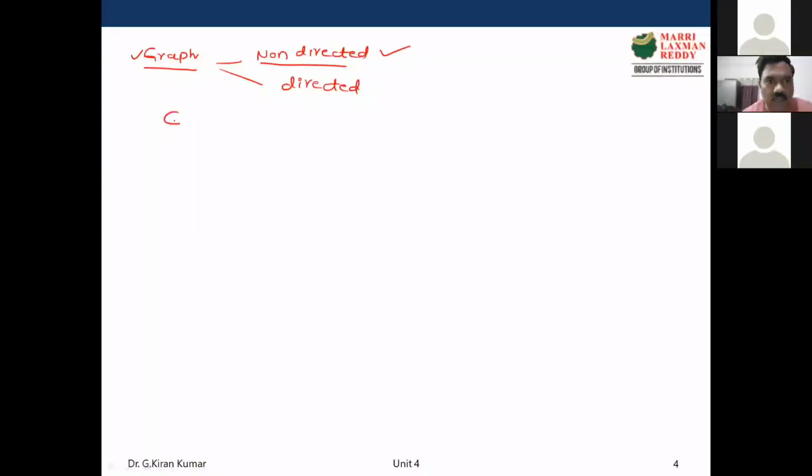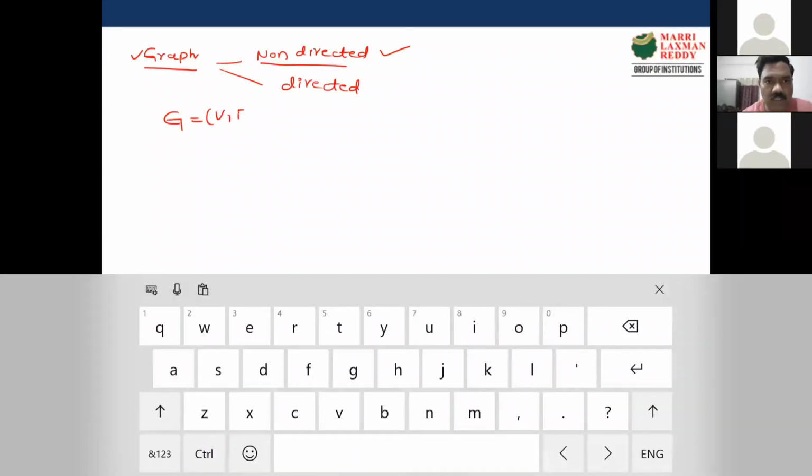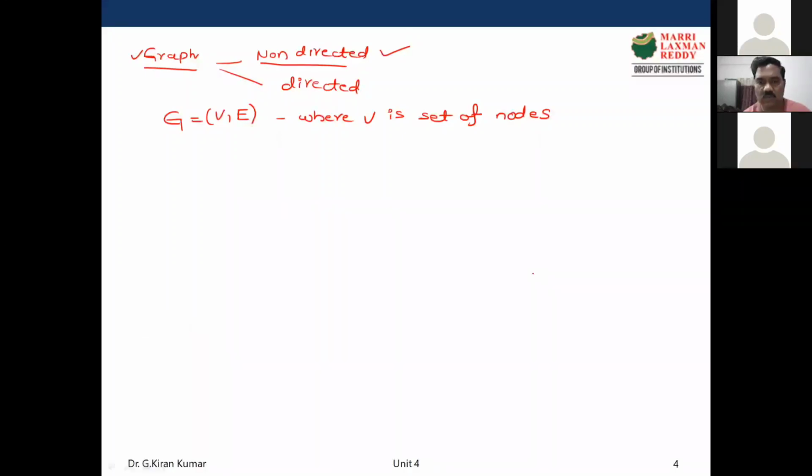A non-directed graph is represented as G, a two-tuple (V, E), where V is the set of nodes. Am I audible?